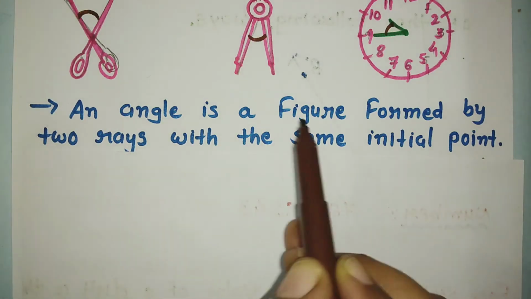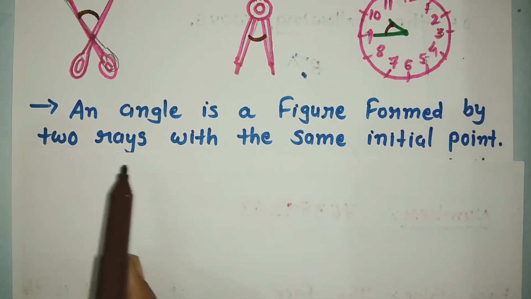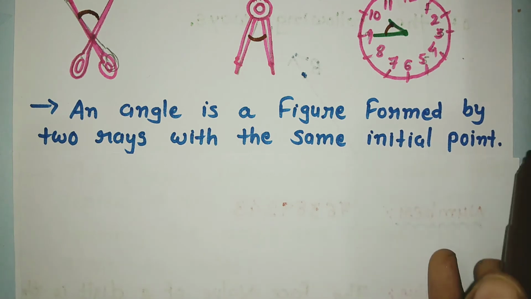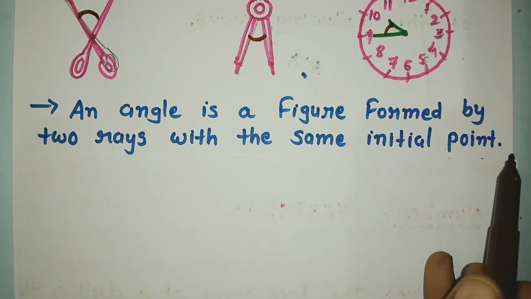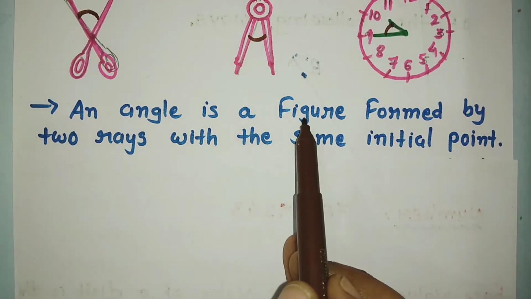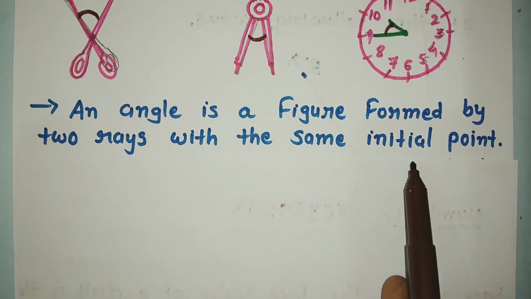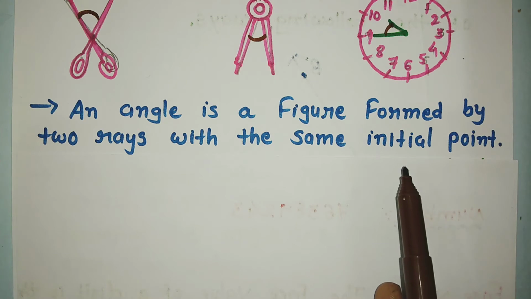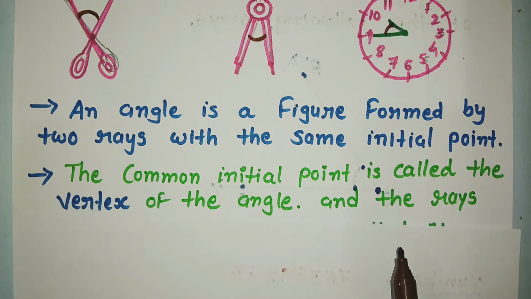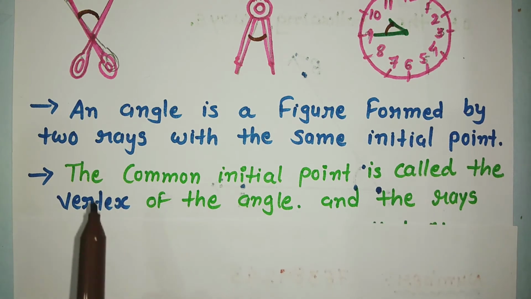An angle is a figure formed by two rays with the same initial point. What is the definition of angle? An angle is a figure formed by two rays with the same initial point. When two rays start from the same point, it makes an angle. The common initial point is called the vertex.